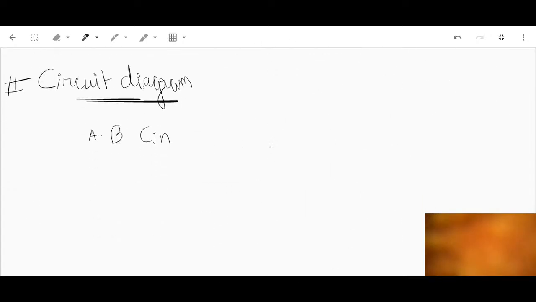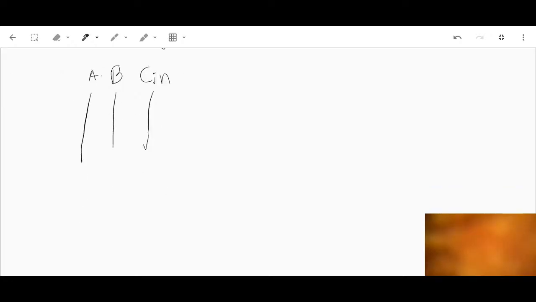Okay. So we have to draw two XOR gates here. So like this, this is a wire. Okay. So here we have to draw two XOR gates.